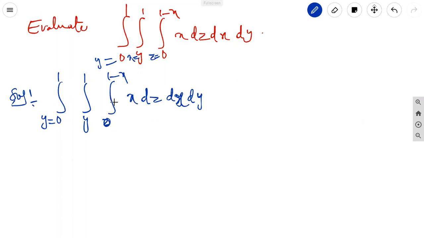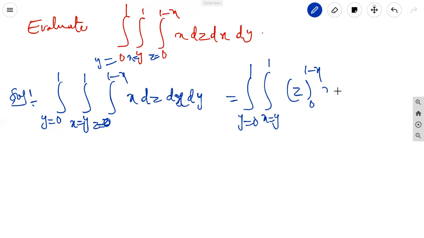And the middle integration in x means x equals y to 1, and z equals 0 to 1 minus x. Now integral y equals 0 to 1, x equals y to 1. Then the integration of dz is z, limits from 0 to 1 minus x, dx dy.